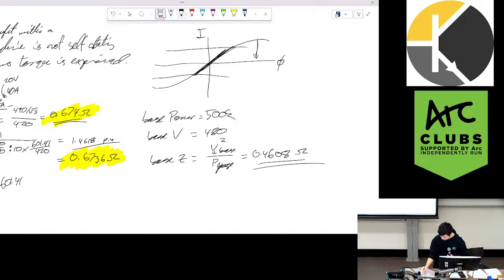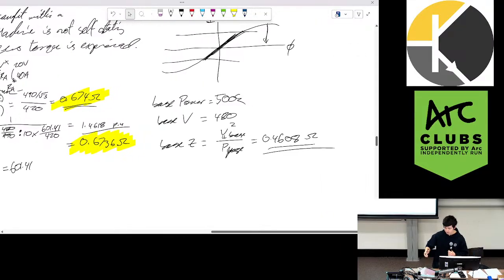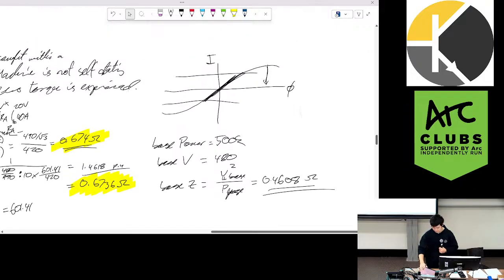So I might be considering a straight line from here to here as my impedance line for my saturated XS. I think I did this the wrong way around.